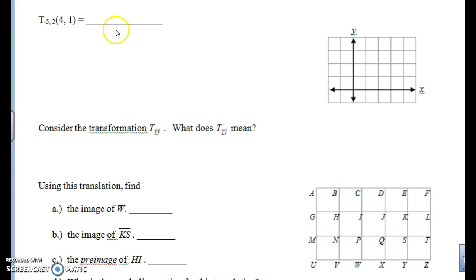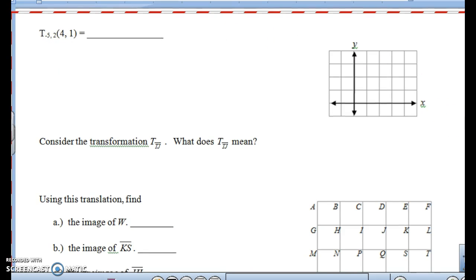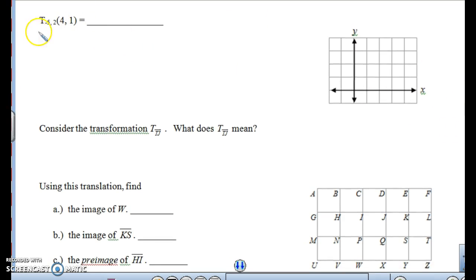Now let's see if we can figure out what this point is going to end up at. We have T of (-5, 2) of (4, 1). So our point that we're starting out with is (4, 1). Let's see if we can figure out what the rule is. T -5, 2. The negative 5 means that you're going to take the x and add negative 5, or subtract 5 from it. And then the y will be y plus 2.